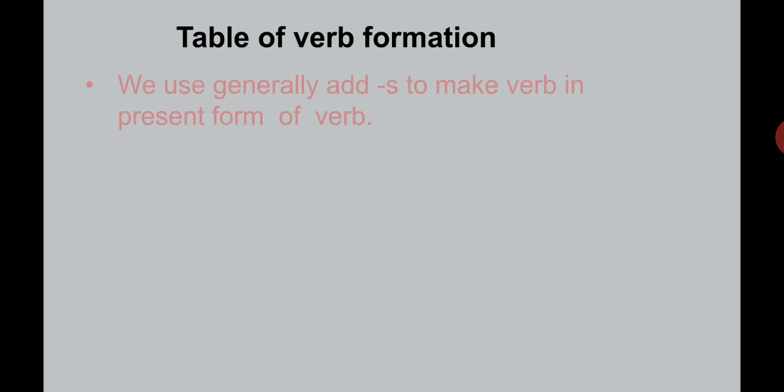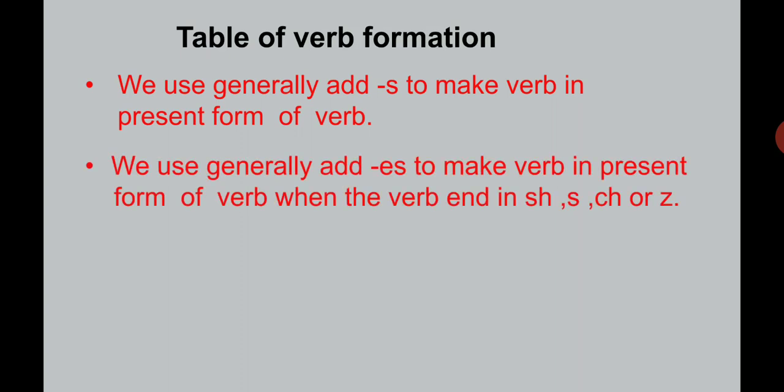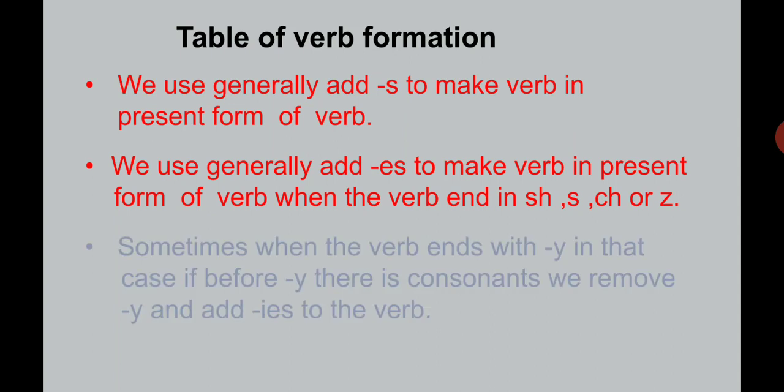Let's see the verb formation, how and when we add S and when we add ES. Generally we add S to make the verb in the simple present tense form. We generally add ES when the verb ends in SH, S, CH or Z, right?